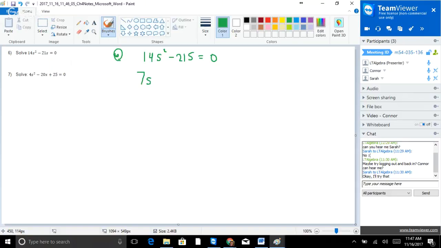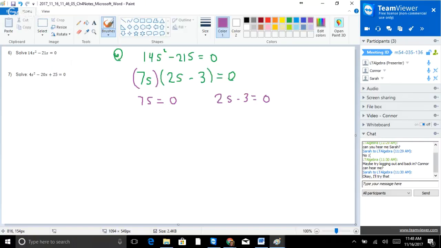Okay, so if I pull a 7s out of both of those, I'm left with 2s, because 7s times 2s is 14s squared, minus 3 equals 0. Okay, now how do I solve this? This is the fancy something times something equals 0, so one of those two somethings has to be 0. I have 7s times 2s minus 3 equals 0. So either 7s has to be 0, or 2s minus 3 has to be 0.